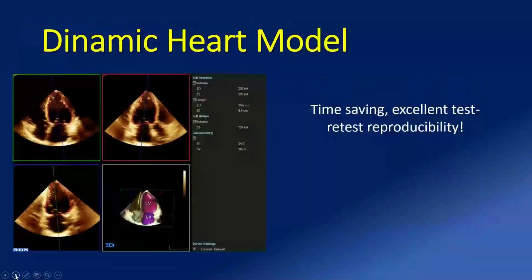Or, as we know, we can also, without any interaction, obtain the so-called dynamic heart model, which will provide us 3D diastolic volumes, 3D systolic volumes, ejection fraction, once again strain for the right ventricle, also the TAPSE, and the fractional area change.